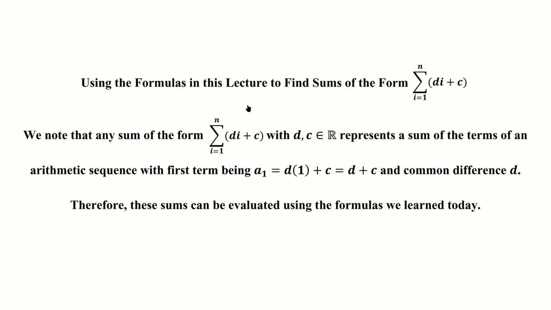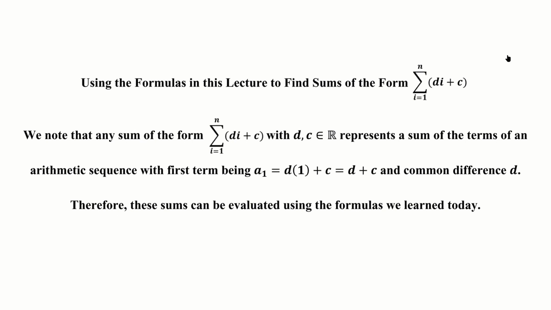Then as it turns out, this is actually going to turn into the sum of the terms of an arithmetic sequence, with the first term, of course, being a1 equals d times 1. Remember, replace the i with the first term of the index, plus c, which is d plus c, and the common difference will be d.